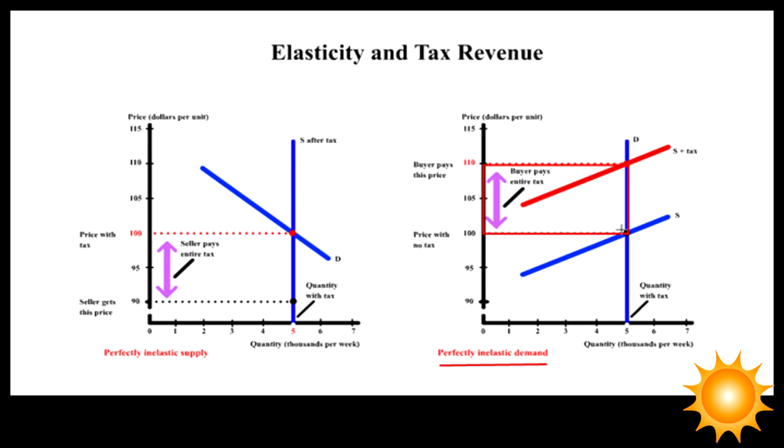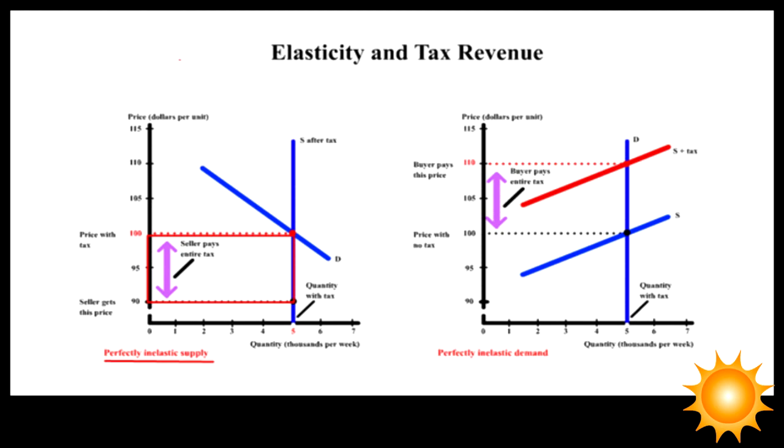On the left panel, supply is perfectly inelastic. When supply is perfectly inelastic, the quantity supplied is not affected by price. Per unit sales tax also generates the maximum amount of tax revenue.